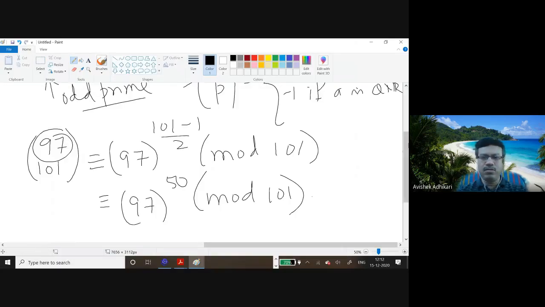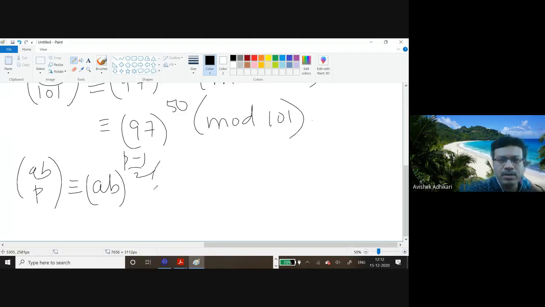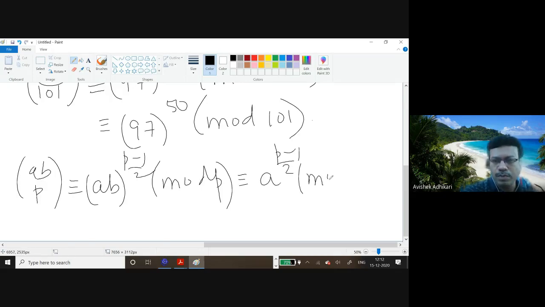So (ab/p) is the same as (ab) to the power (p minus 1) by 2 modulo p, and this is the same as a to the power (p minus 1) by 2 modulo p into b to the power (p minus 1) by 2 modulo p, and that is the same as (a/p)(b/p).